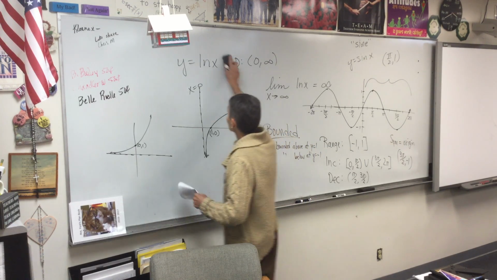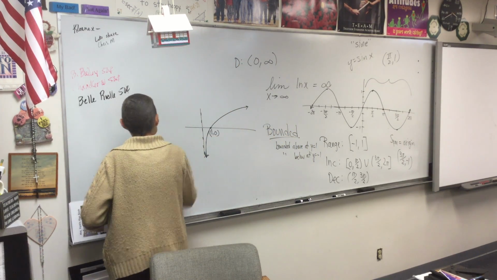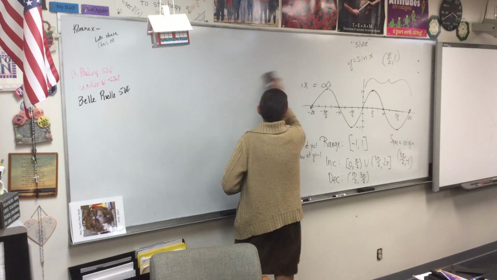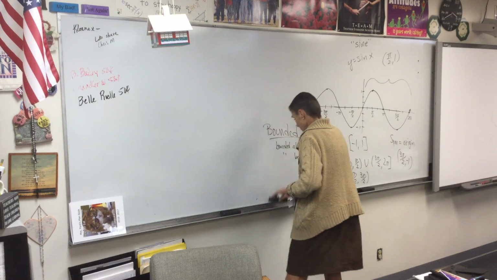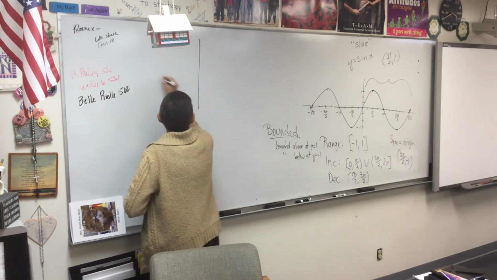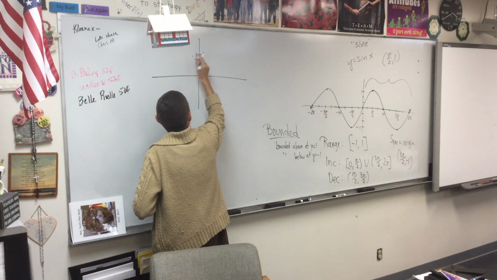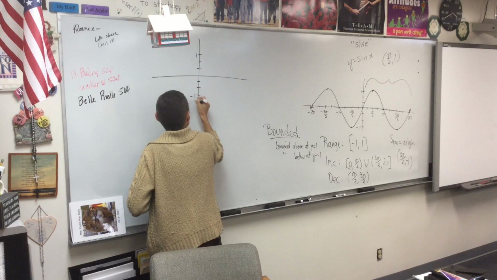All right, so now we've got the cosine function. I want you to set up your axis exactly the same for the cosine, okay? So we're going to count up and down 3. That'll be 1 and -1.